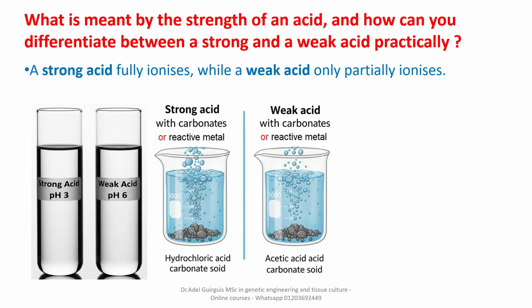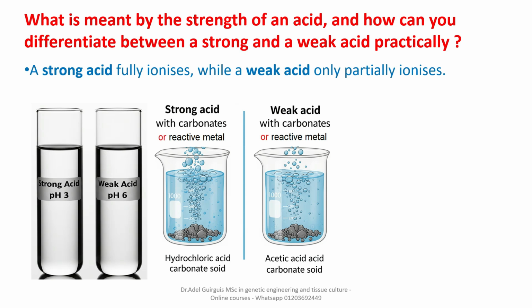The reaction that releases more heat also indicates a strong acid, while the reverse holds for weak acid. Weak acid with carbonates releases less effervescence of carbon dioxide gas than strong acid. Also, weak acid reacts with reactive metal less vigorously, with less strength.